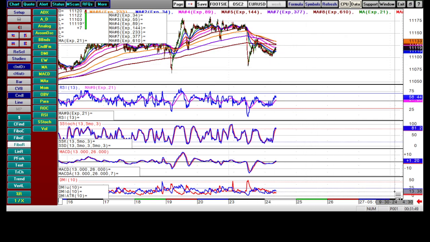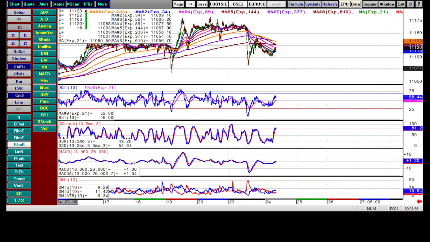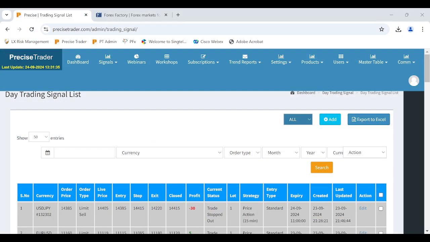So we have two calls based on this. One is a day trade, which I'll share on screen.